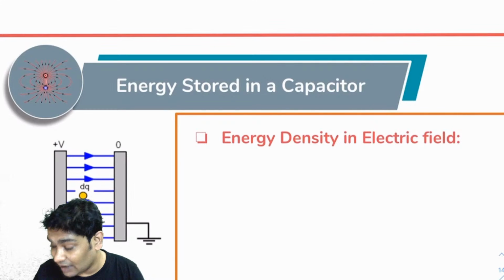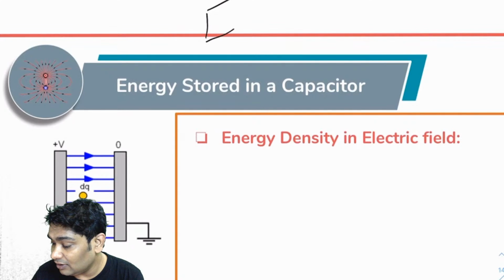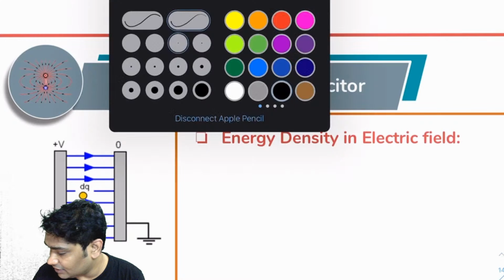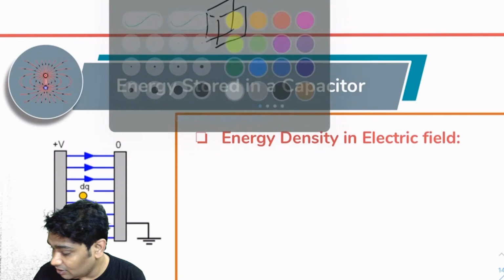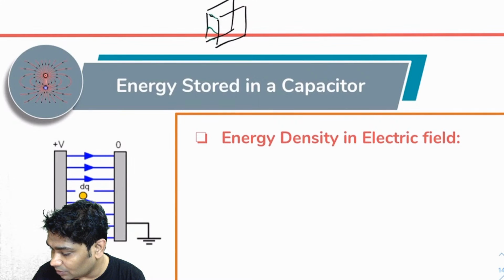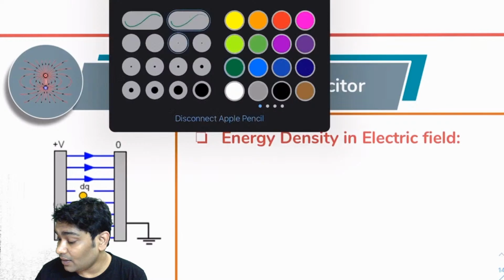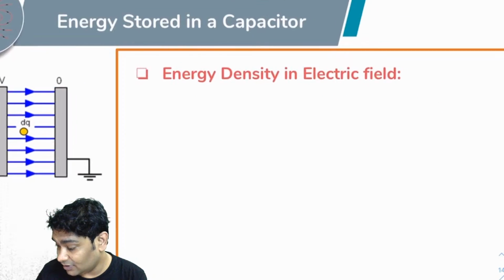I hope you guys can see that. So if I make a figure like this, so this volume. Okay, let's use a different pen. So this volume between the two plates, what is this volume? This volume would be A times D. Alright.